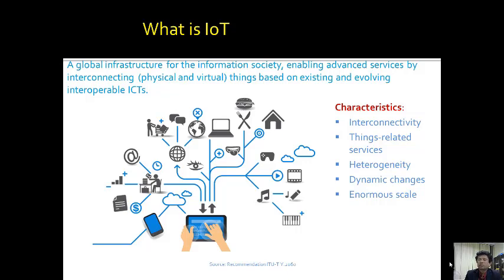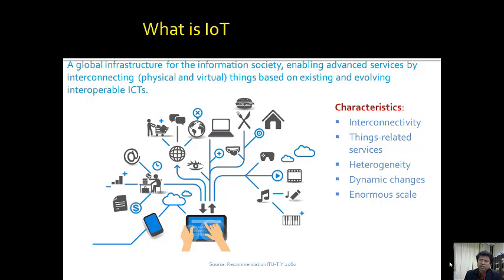According to ITU, there are basic characteristics for this IoT: interconnectivity, things related services, heterogeneity and dynamic changes, and it is in enormous scale.